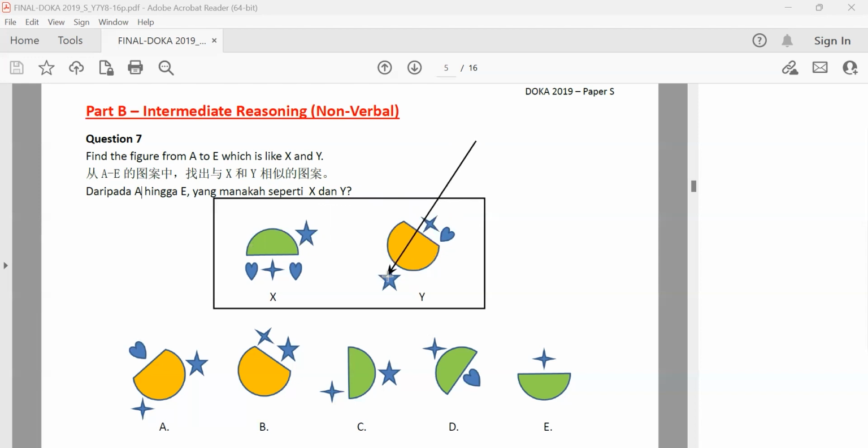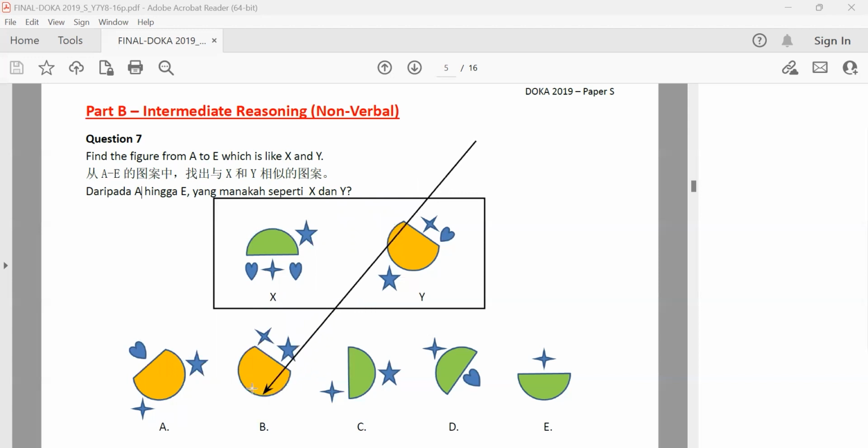So maybe based on this, we can tell ourselves, okay, let us start from somewhere. Okay, by referring to one star next to the curve. See, oh, this one, there are 2 objects, not just the star next to the curve. So can we accept A? Maybe not. What about B? Oh, there's no star at all.